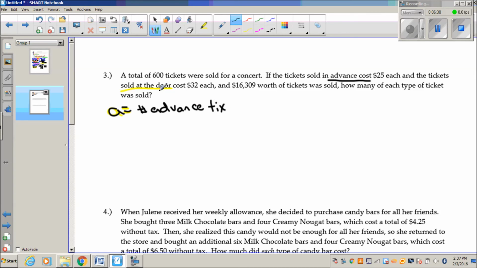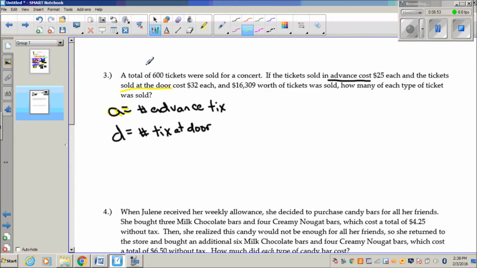And I'm going to use D for the number of tickets at the door that were sold. Okay? Because that's what I have to find. I have to find how many tickets were sold in advance, how many tickets were sold at the door. Okay.